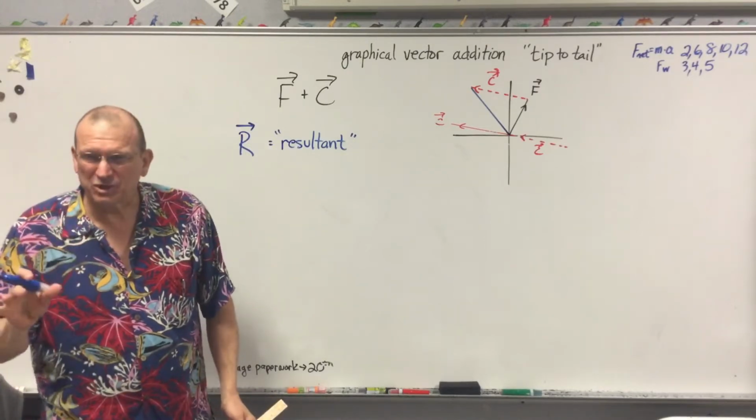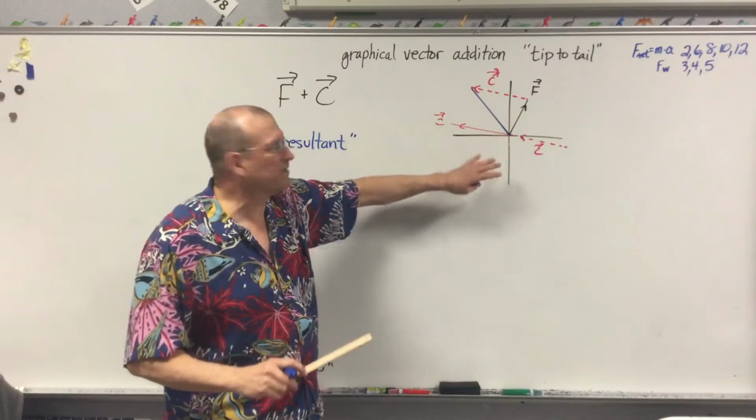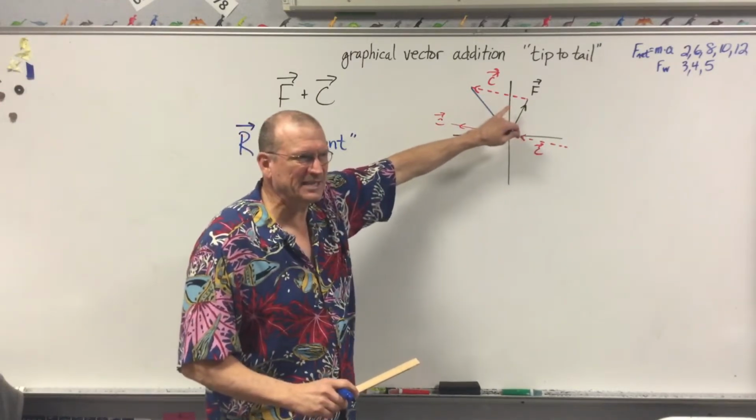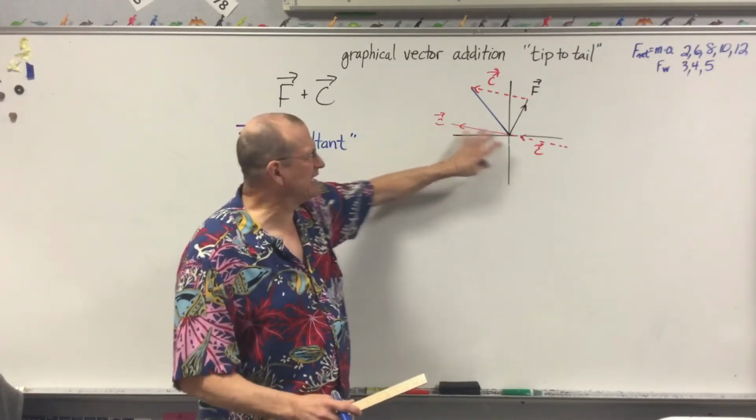Now, I'm going to show you the alternate, because remember we set this up two different ways. This was the original way I set it up. But then Manny brought up, well, what if we moved this C over here?